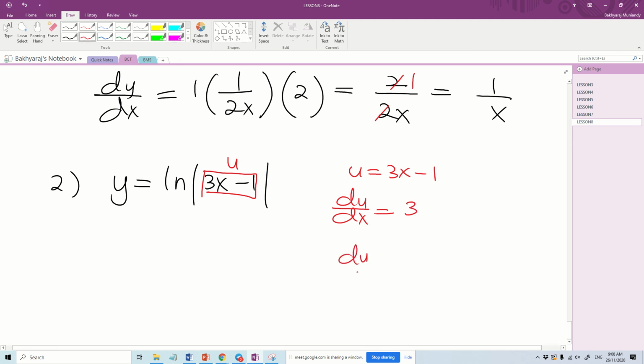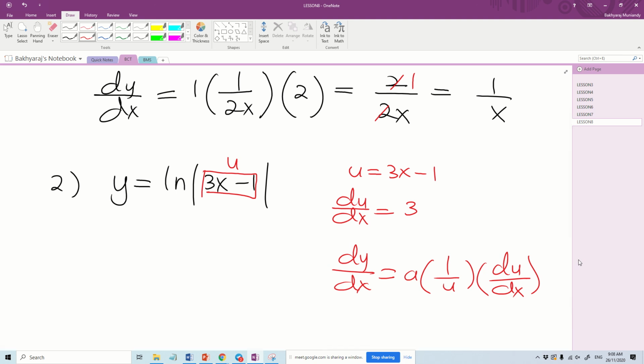What is the formula? dy dx equals a times 1 over u times du dx. Once we get this, then we can go for the last answer.